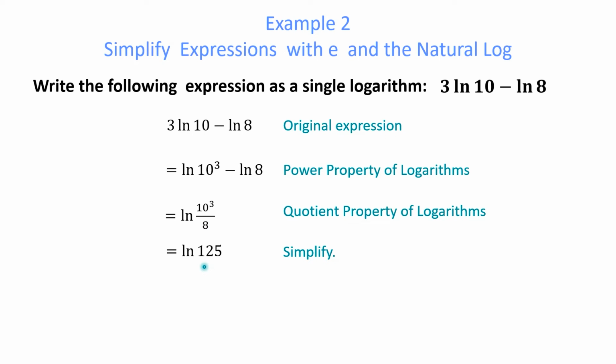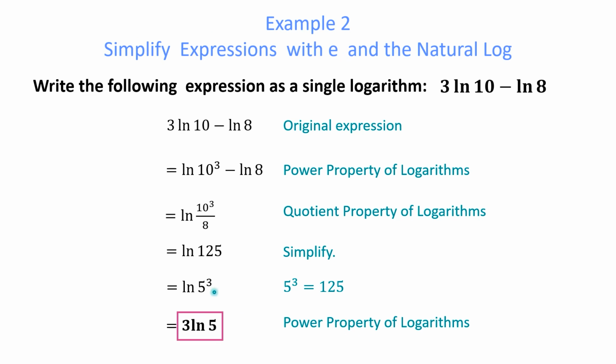Now you should recall 125 is a power of 5, so 5 cubed equals 125. And we'll replace what we have here with 5 cubed to give us the following. Okay, and then we can apply the power property of logarithms and take this exponent here and write it at the front. So we have 3 multiplied by the natural log of 5 as our final answer.